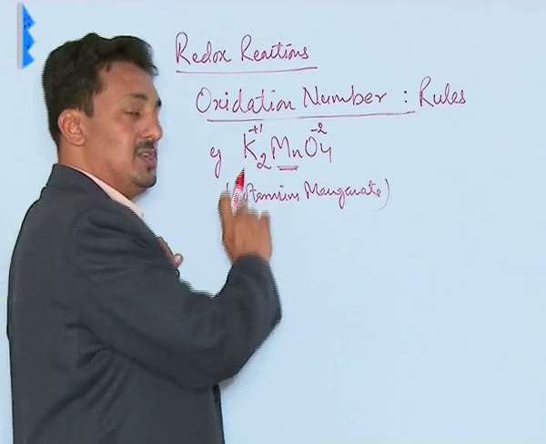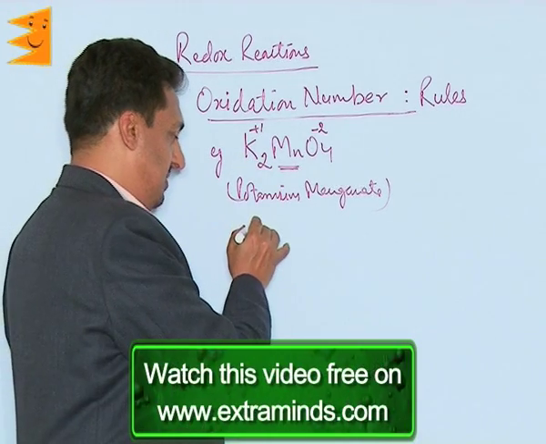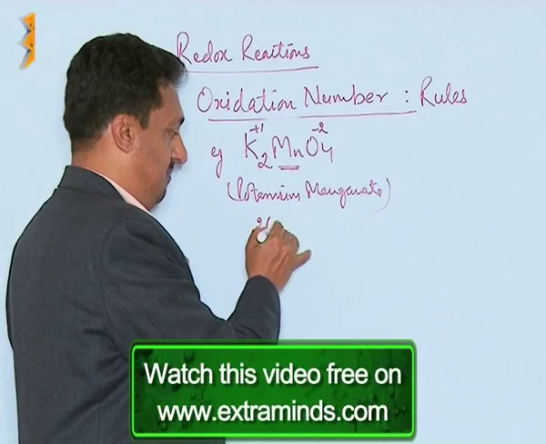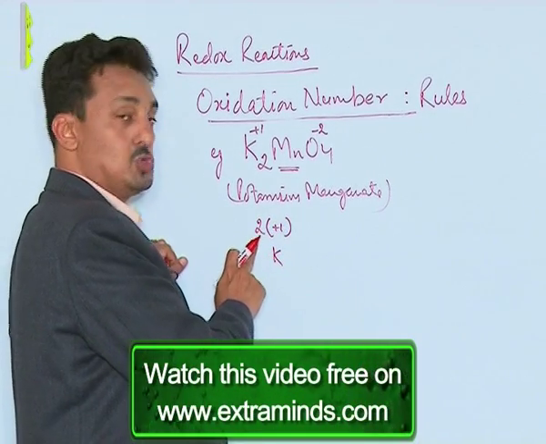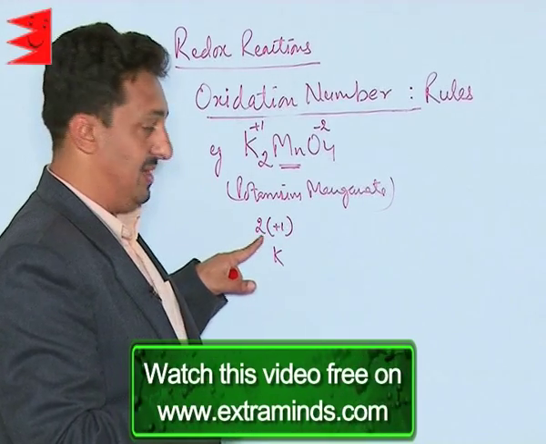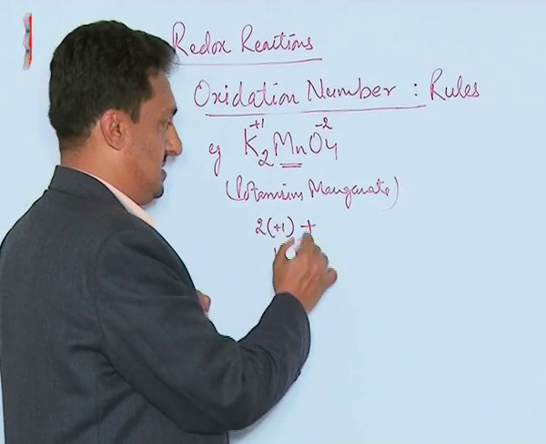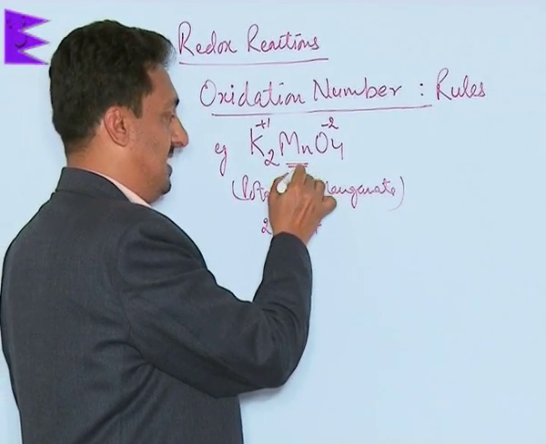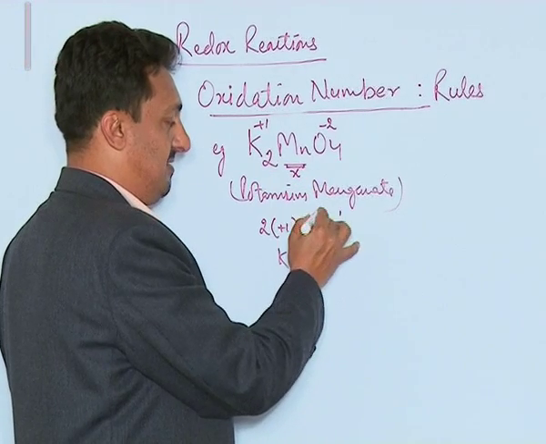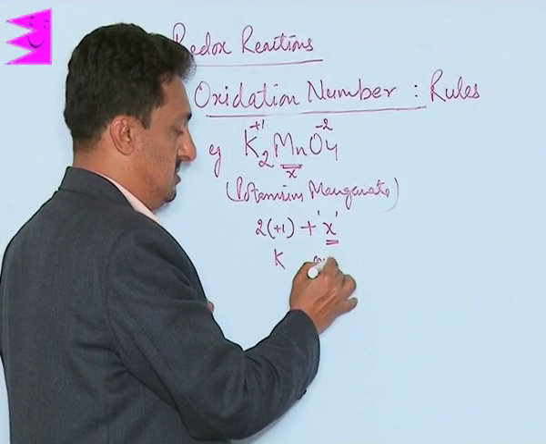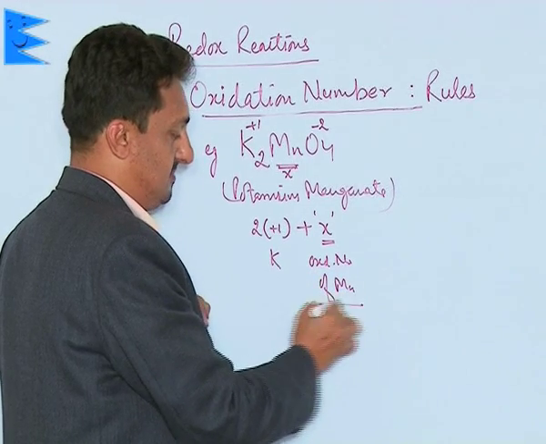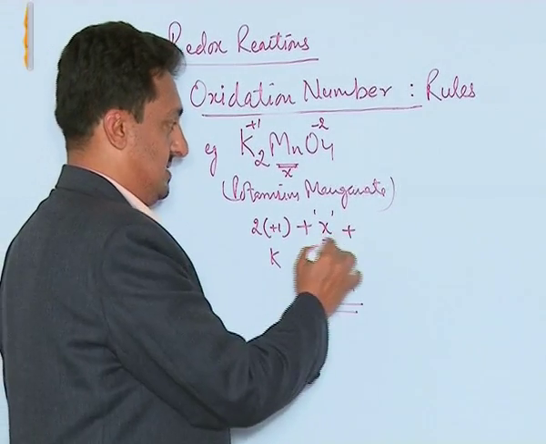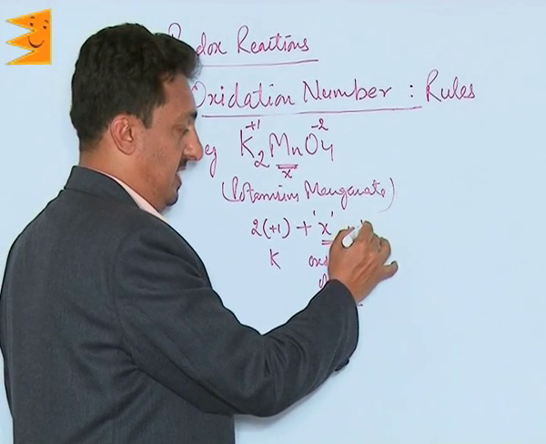How many potassium are there here? 2 potassium. So we will take 2 multiplied by +1, because this +1 is for potassium, and since there are 2 potassium, we multiply by +1, plus X, the oxidation number of manganese, plus how many oxygens we have? 4.